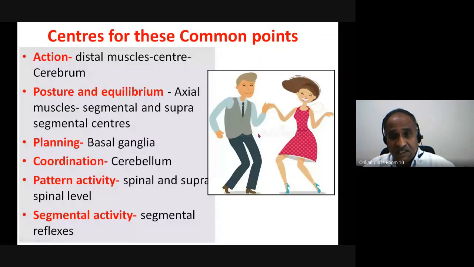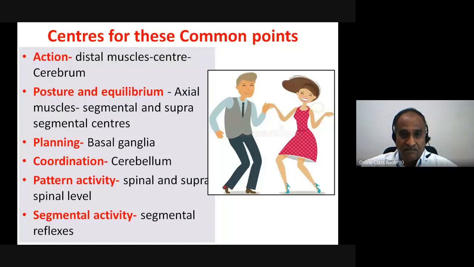That pattern of activity is at the segmental level or a little suprasegmental level. They have to move the steps up and down like this. When you are trying to move the steps, it is the gait. This gait has a very complex series of patterns between the extensors and flexors, and the forelimb muscles and the hind limb muscles, or the lower limb muscles and the upper limb muscles, and all those things are to be sequenced.